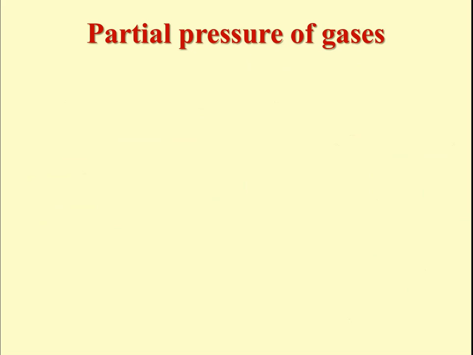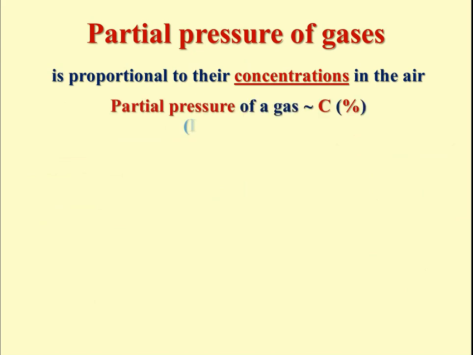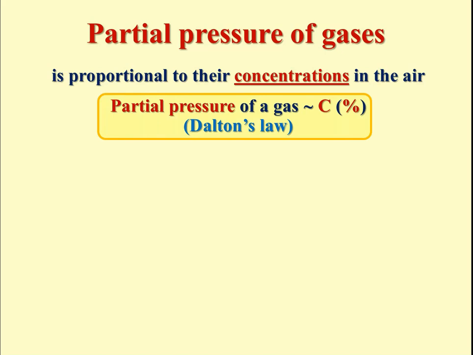Let's consider what the partial pressure of gases is. This partial pressure is proportional to the concentration in the air. Air is a mix of different gases, and each gas creates a partial pressure, which depends on the concentration of the gas. It's according to Dalton's law. Of course, total pressure also is important.